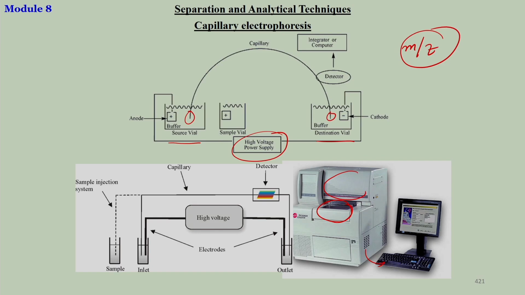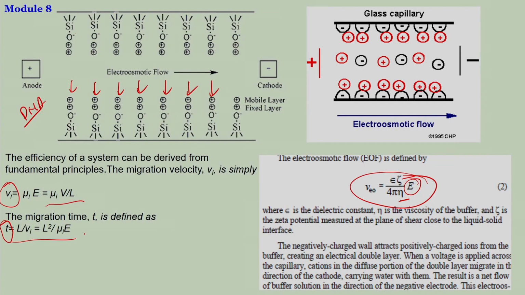The coating material on the silica capillary I have shown you is usually silica, which is negatively charged, and if you fill the capillary with your buffer that has salts, the positive charge will interact here. So that will give you a positive charge environment, and then you send your sample through it.